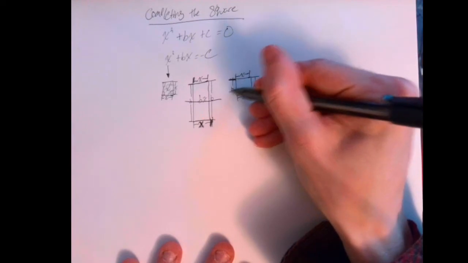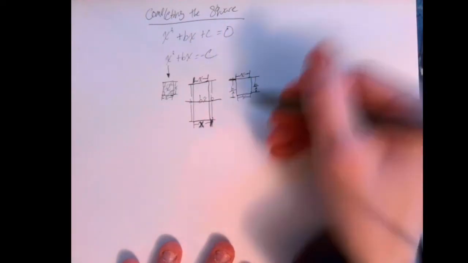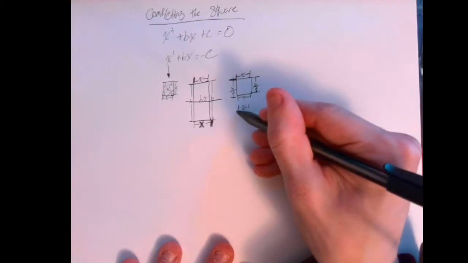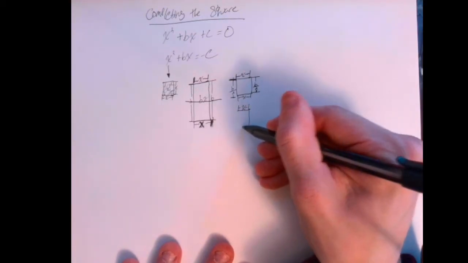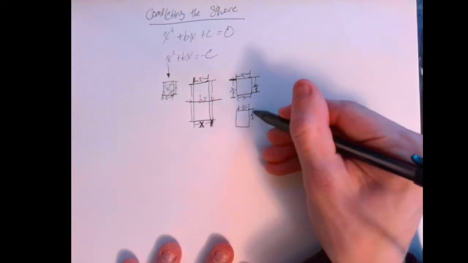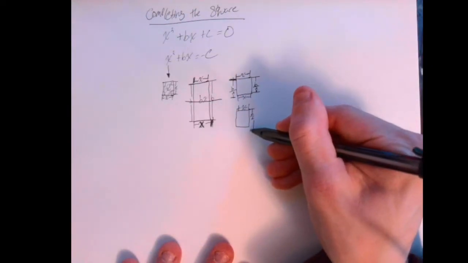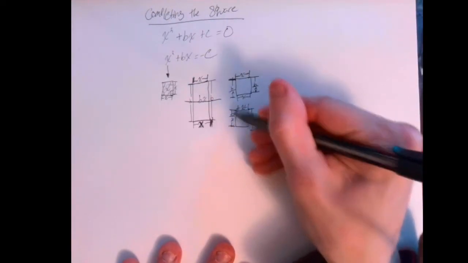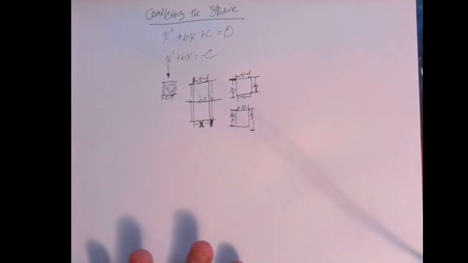This will be b over 2. And we'll have another one with the same dimensions, with b over 2.